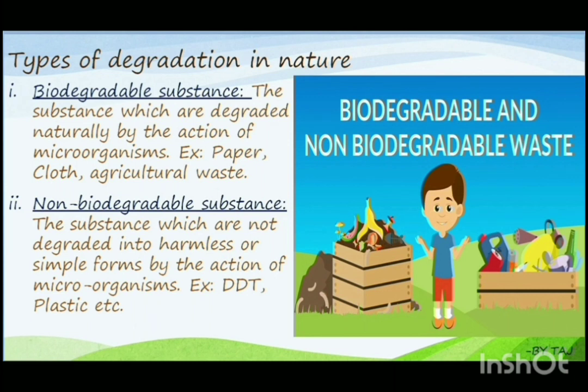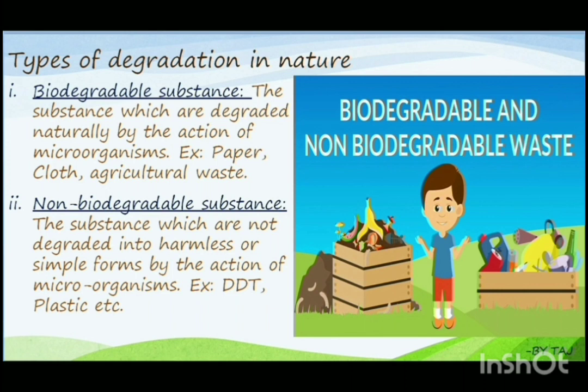So degradation occurs with the help of living organisms, that is microorganisms. This kind of degradation we call biodegradation. Example: paper, cloth, agricultural waste, home waste. Those are the substances which can be degraded by microorganisms; we call them biodegradable substances.